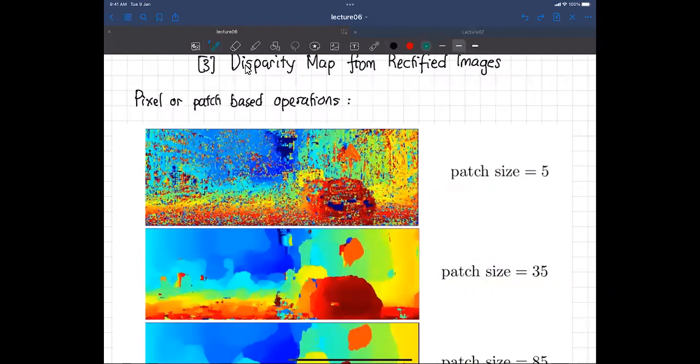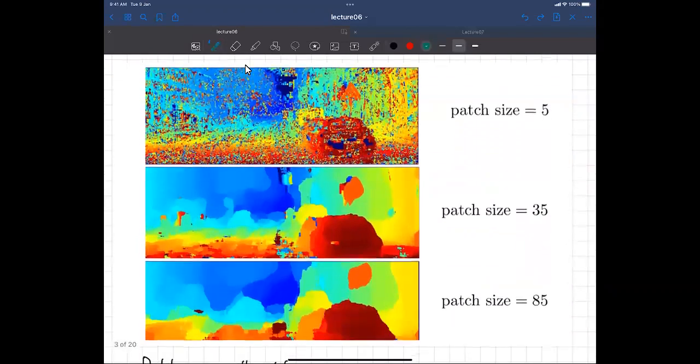To reduce the noise, we use patch size 35. Now there is much less noise, but it is less sharp. And if we increase the size further, the noise will be much less, but the depth estimation is much blurrier.